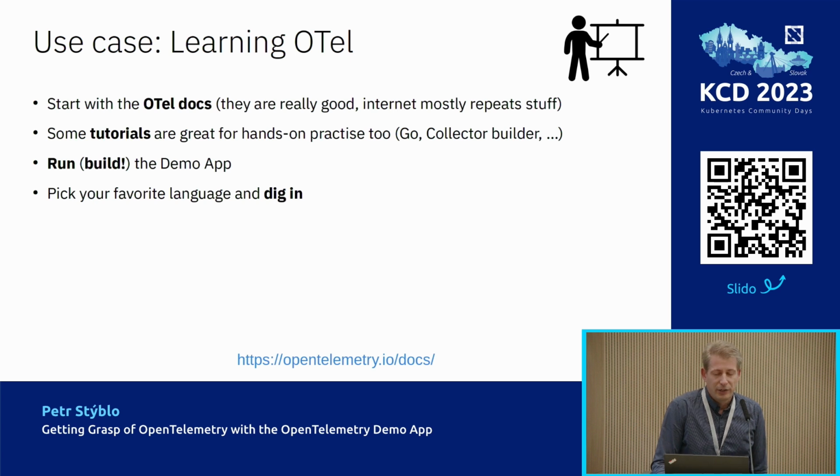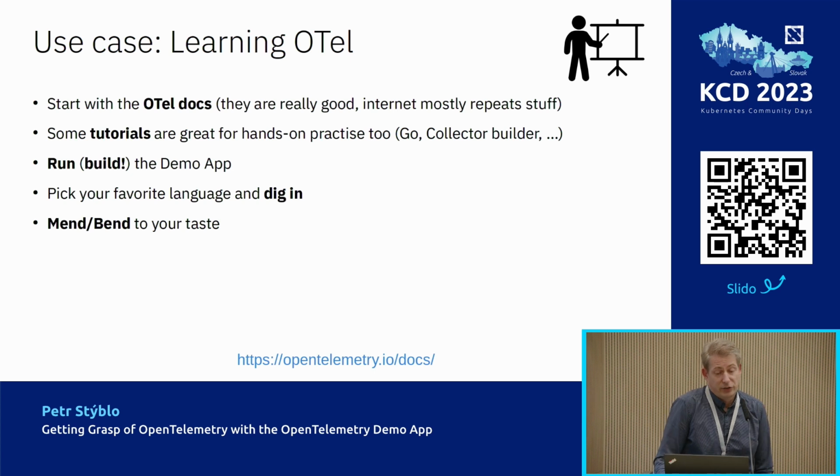It's a demo app that has 11 languages, so I'm sure that you will find your preferred one. If you are a Python or a Ruby developer, or if you want to go crazy with C++, it's all there. And every language has some idiomatic ways how to do the instrumentation of the code. So you will find how different languages implement the telemetry. So just go explore the code and try to understand.